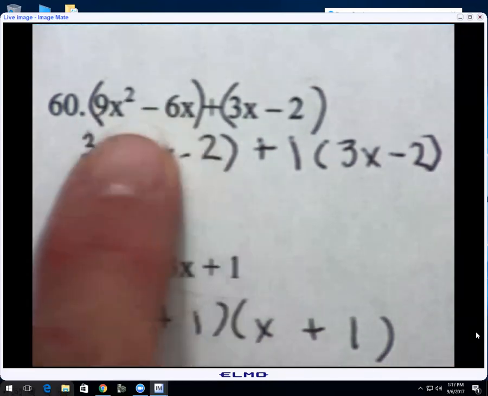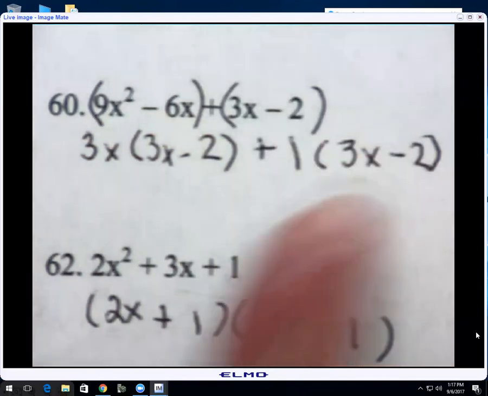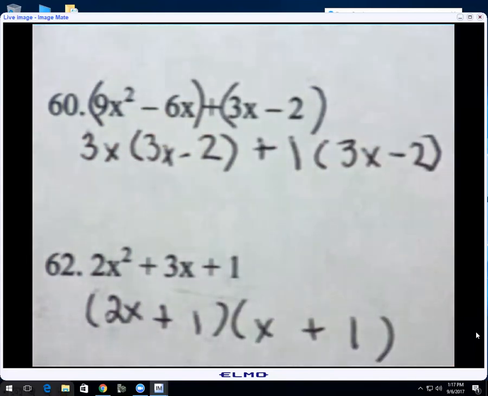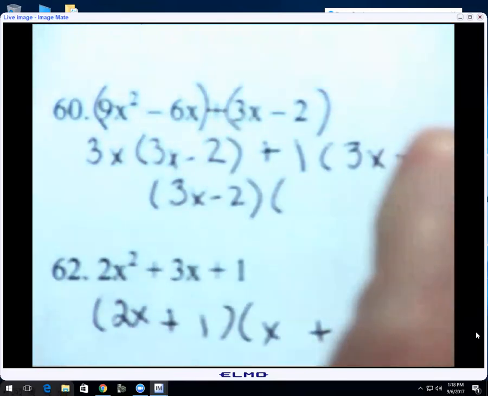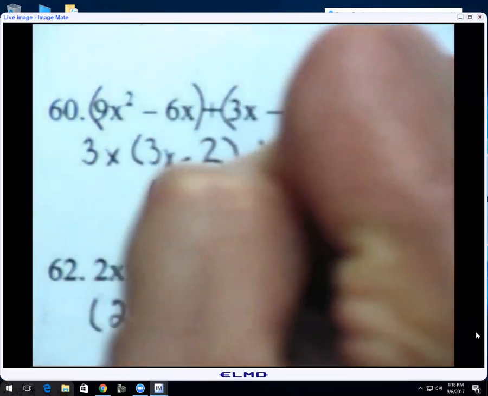This is the first term, this is the second term, and the 2 terms have something in common. The 2 terms have a GCF. What is the GCF? They both have a 3x minus 2. That's the GCF, because both terms have it.